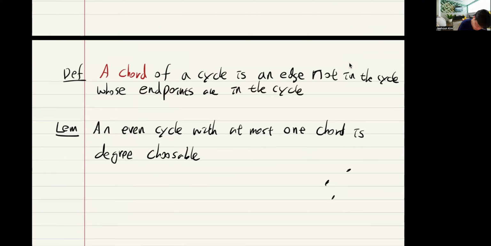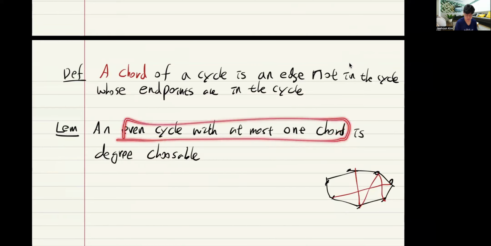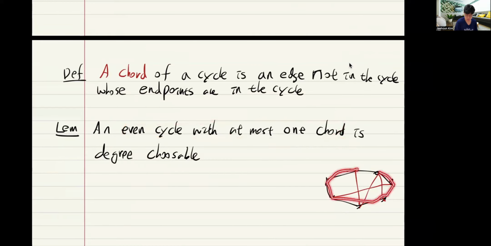For example, if you have some cycle, say this edge is a chord, or this edge is a chord, this is a chord, this is a chord. So this is an even cycle with at most one chord. So this is an induced subgraph. If you take these vertices and then you take the induced subgraph, and the number of chords is at most one, it's either 0 or 1, and it is degree choosable.